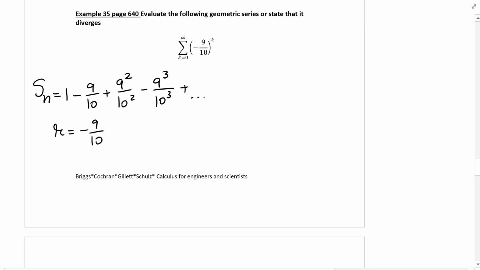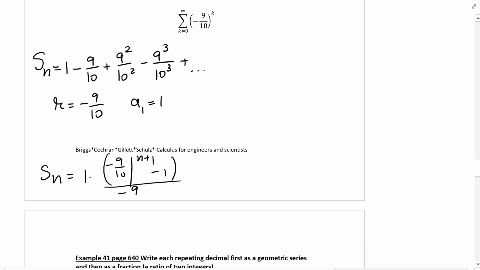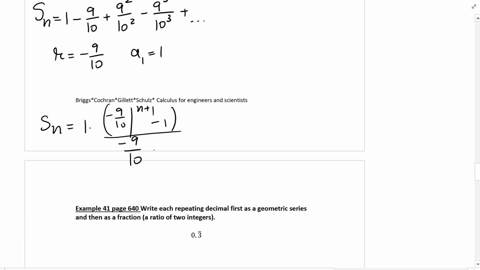The first term is 1, so S sub n is going to be 1 times negative 9 over 10 to the number of terms, let's say n plus 1, minus 1, over negative 9 over 10 minus 1.